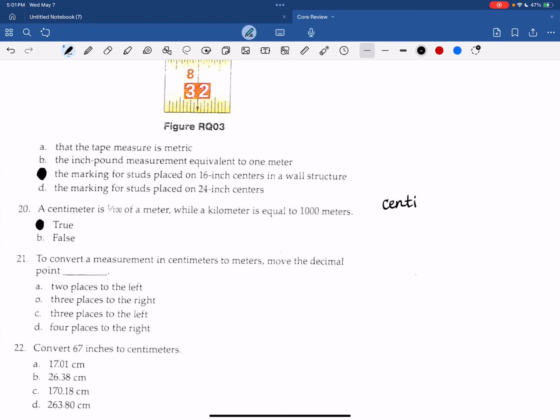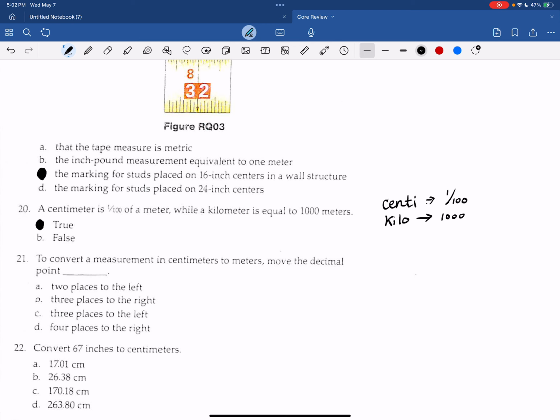If you know that centi means 1/100th and kilo means 1,000, you can answer this question. Number 20 is true. If you know about your King Henry died by drinking chocolate milk, that will help you on this one. If you have no idea what I'm talking about, make sure you're in class that day and our instructor will explain how King Henry works.